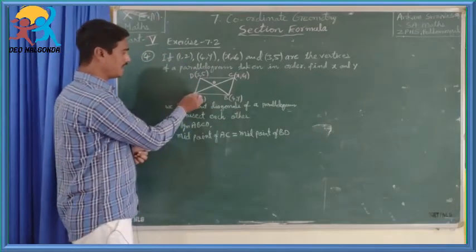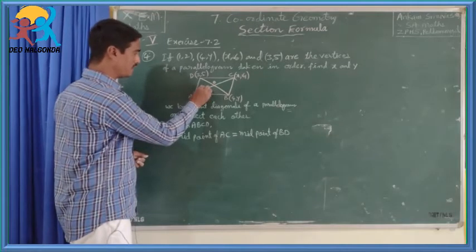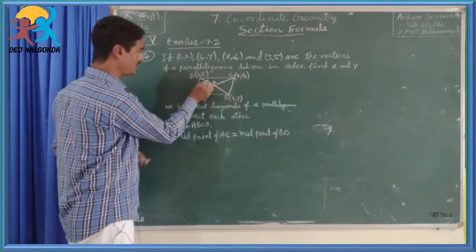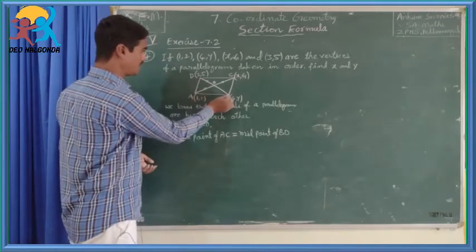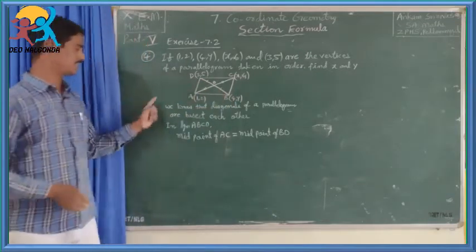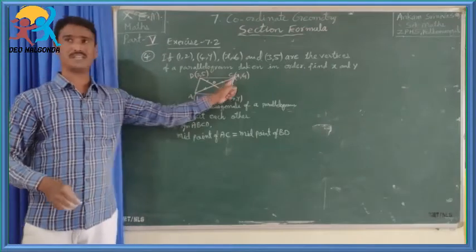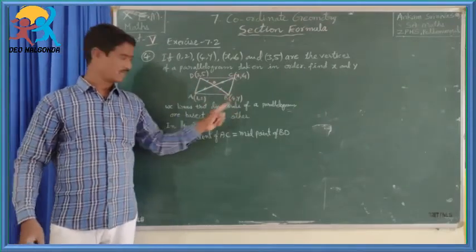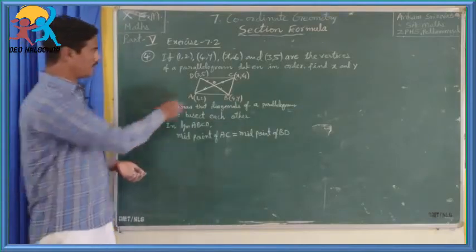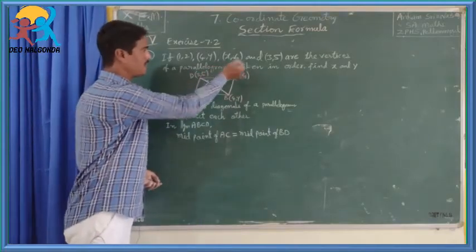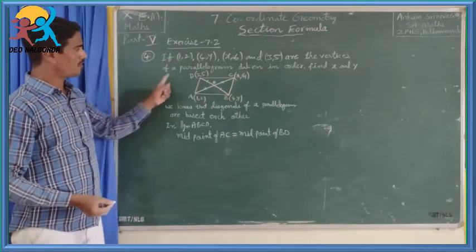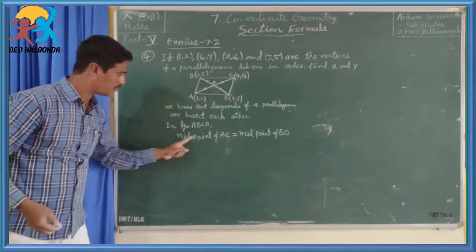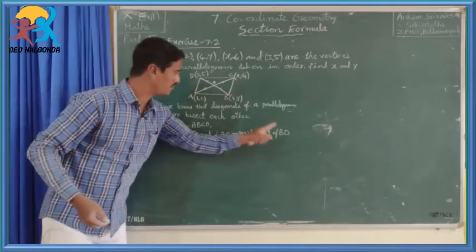That means length AO equals length OC, and DO equals OB. That means midpoint of AC equals midpoint of BD. So already given these four vertices form a parallelogram, I take midpoint of AC equal to midpoint of BD.